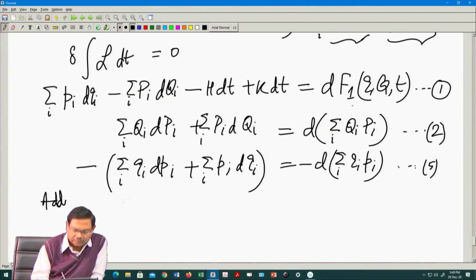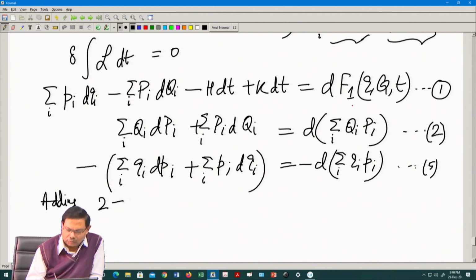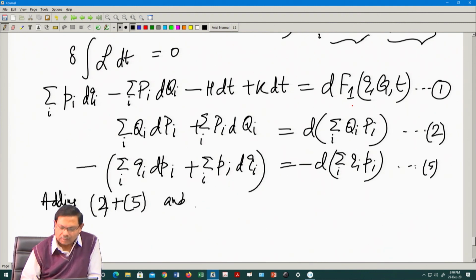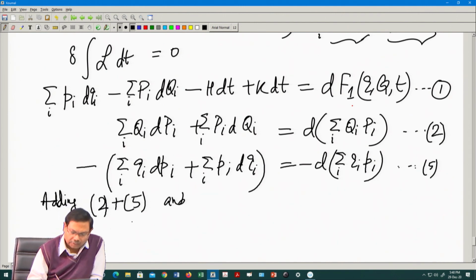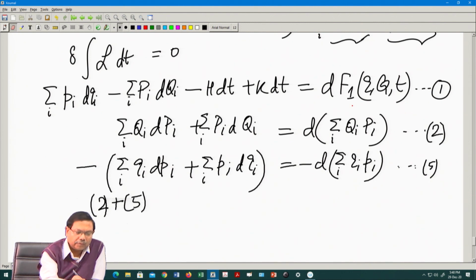Now, adding 1, 2 and 5, adding all these three equations, we will get what we are looking for.